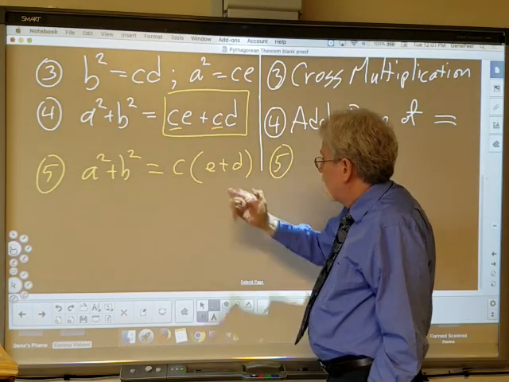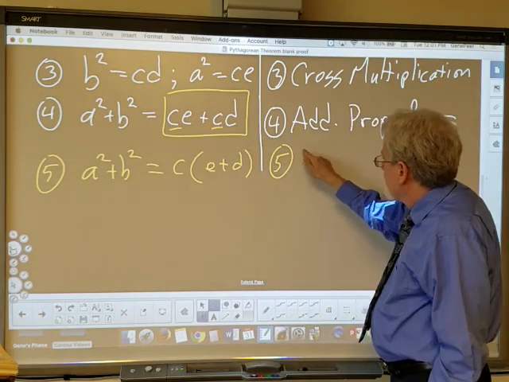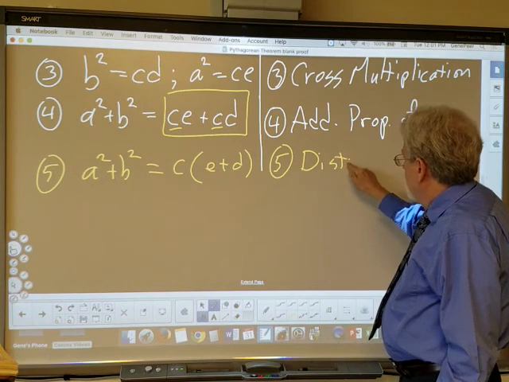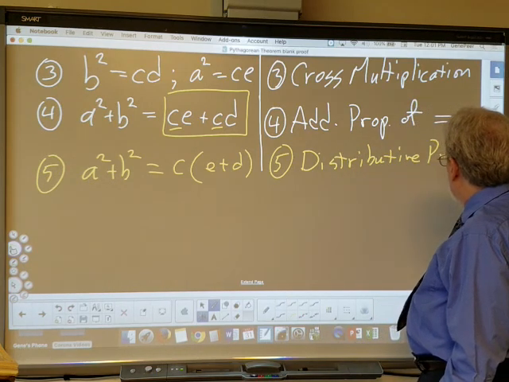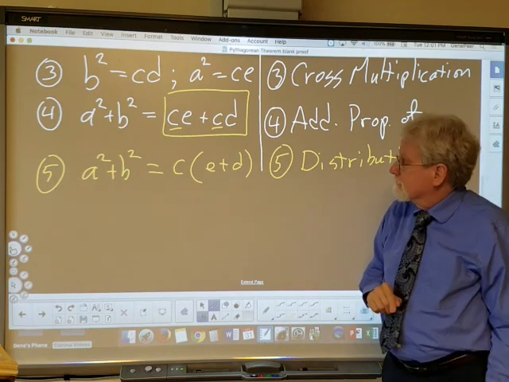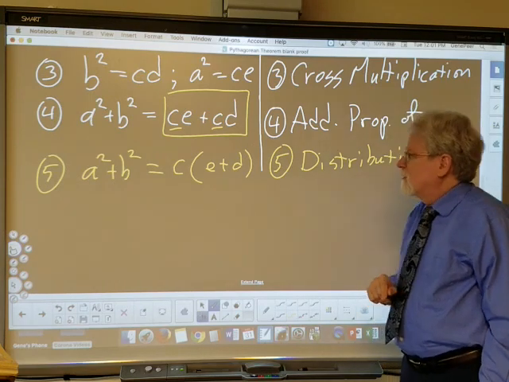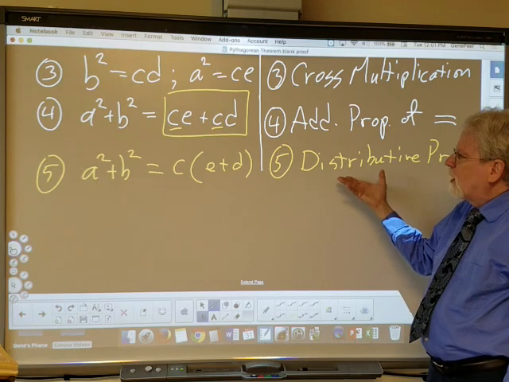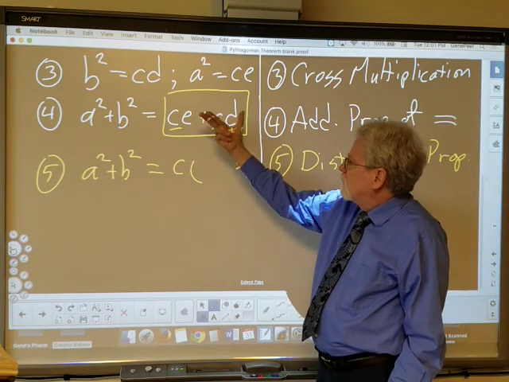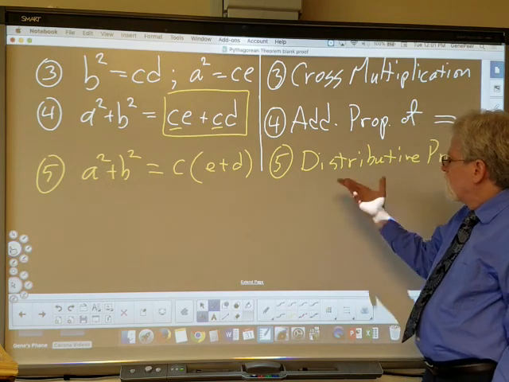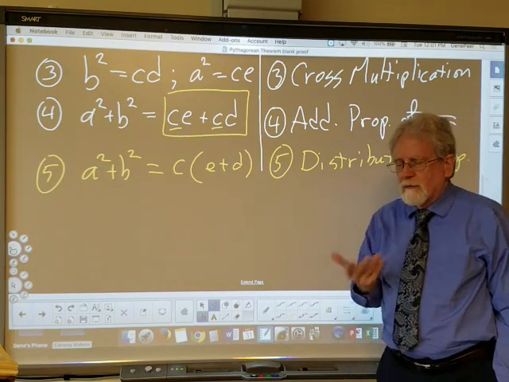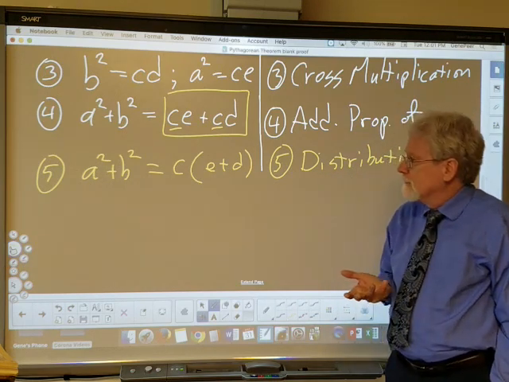This equals that because of the distributive property. Actually, I suppose you would have to say it's a combination of distributive property along with substitution, changing this into another name for itself. But we're simply going to refer to it as distributive property. That makes it more clear what we just did.